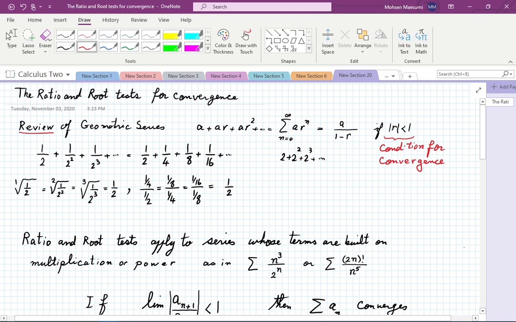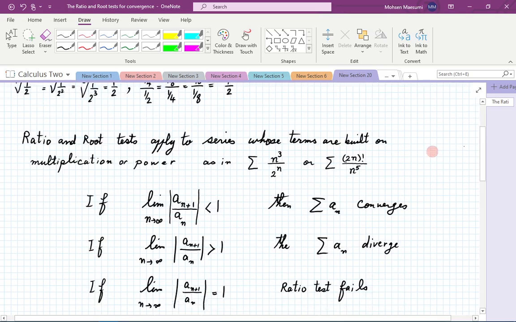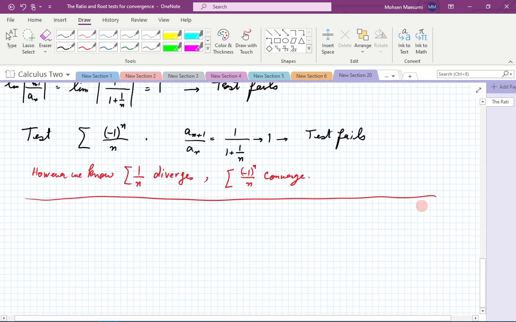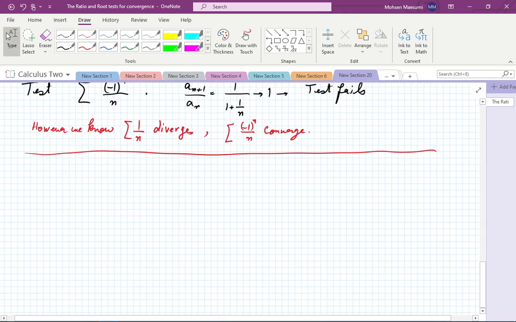So what is suitable for this case? Usually the series that are built on top of powers, variable powers, are going to be the easiest problems for this type of test.